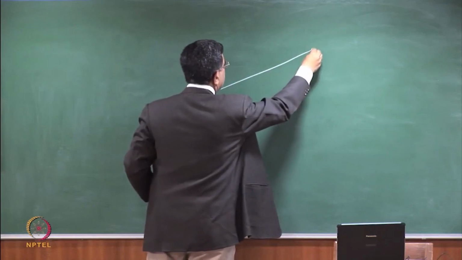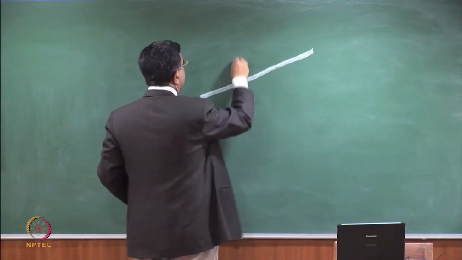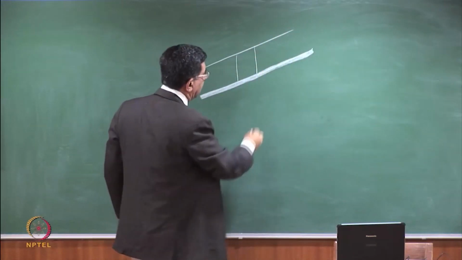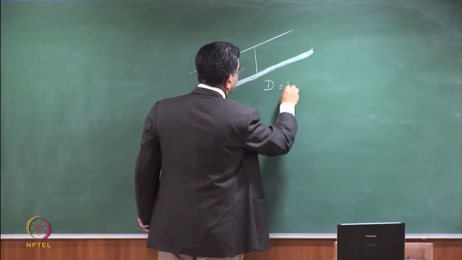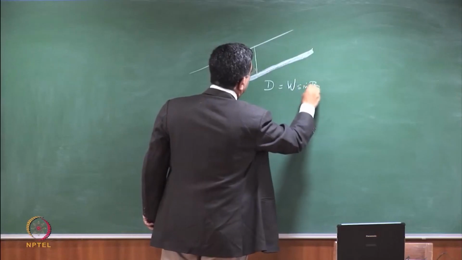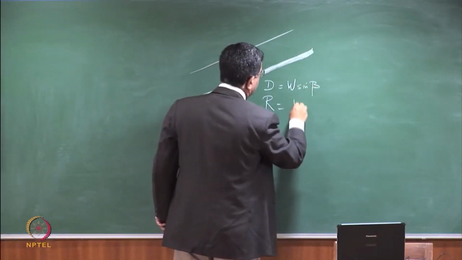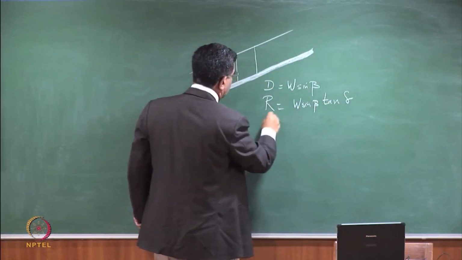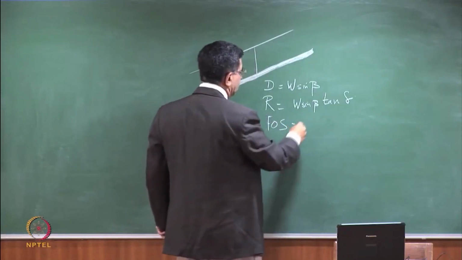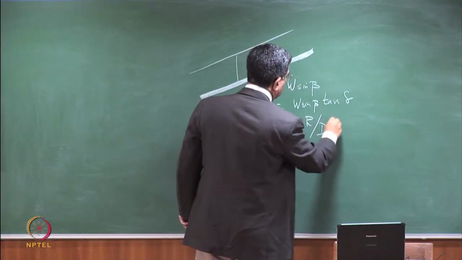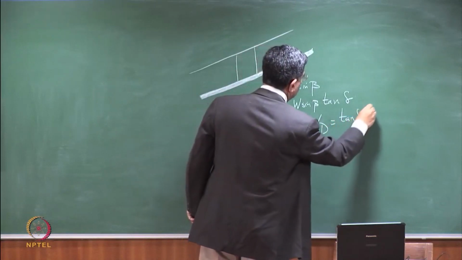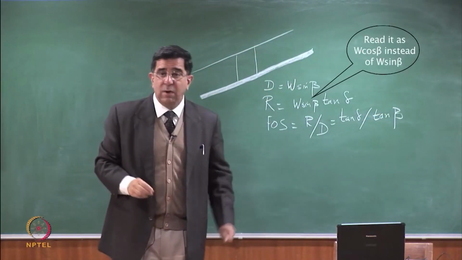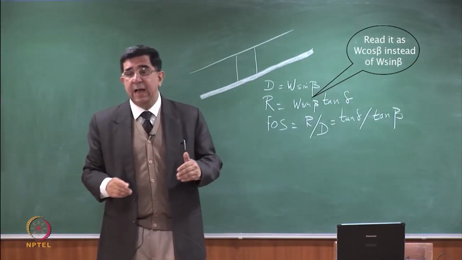All that we are saying is this is the geomembrane, let us say, and I have a sliding mass, and we have said that the driving force, the resisting force is, and therefore the factor of safety. Now what happens if I add seepage or if I add earthquake?